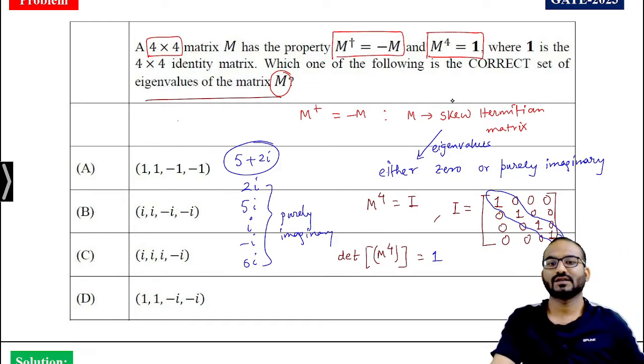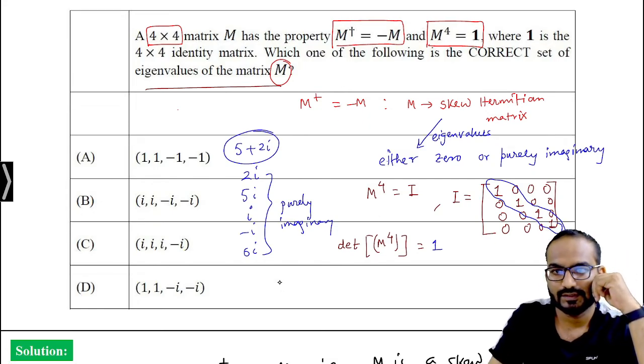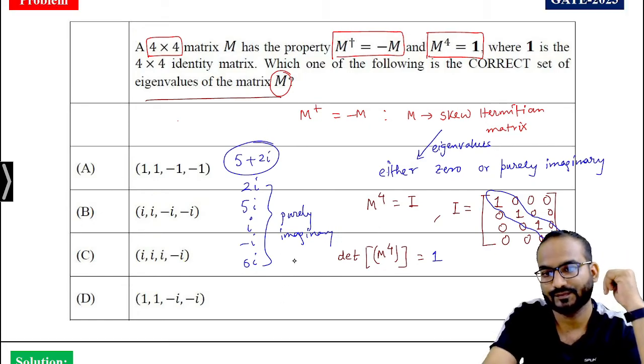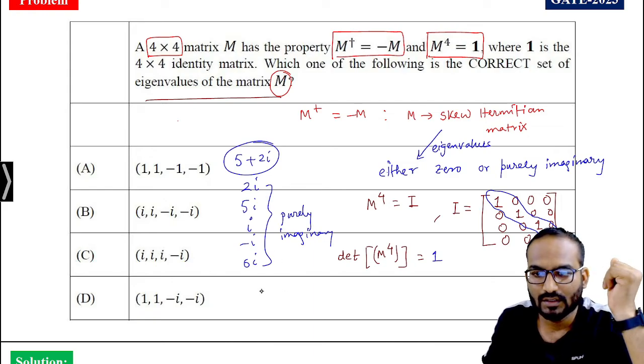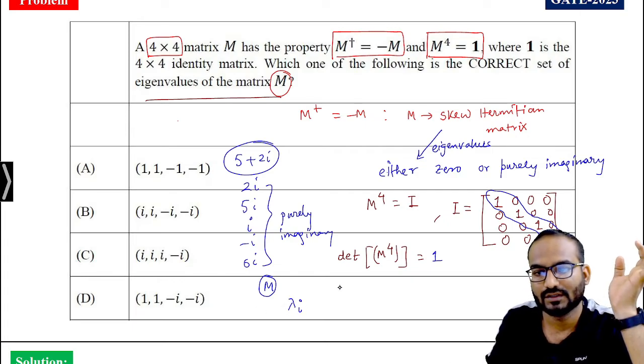Now which of the following represents the correct set of eigenvalues? If you consider the matrix M, and lambda i are the eigenvalues, then for M to the power 4 the eigenvalues will be lambda i to the power 4.